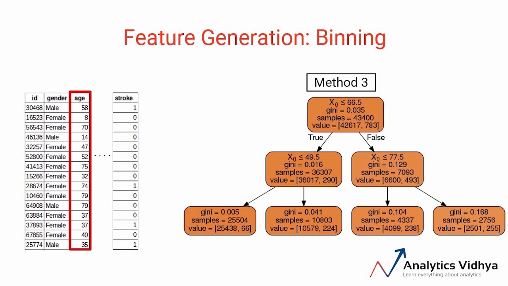Here we have threshold values as 49.5, 66.5 and 77.5. You can see here the first split has happened on 66.5. Then in the left branch of the decision tree, the split has happened on 49.5. And for the right branch, it is 77.5. And we can now generate bins accordingly.